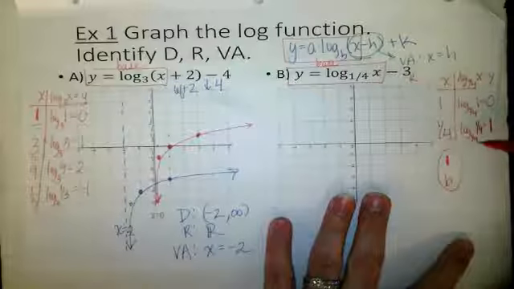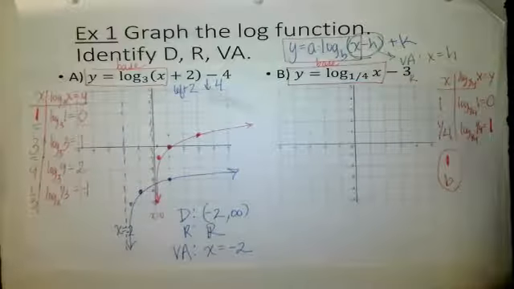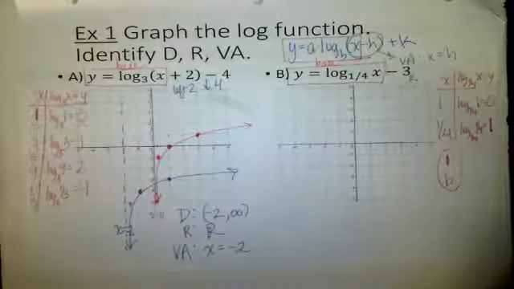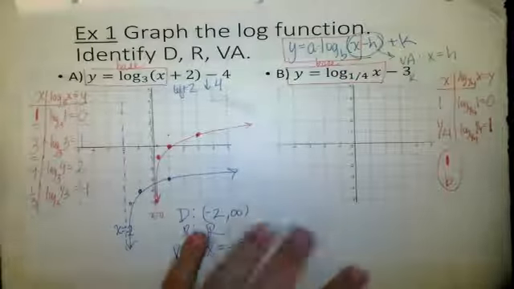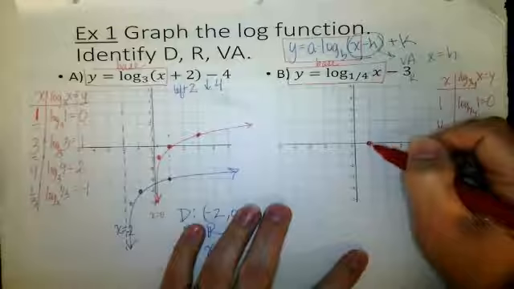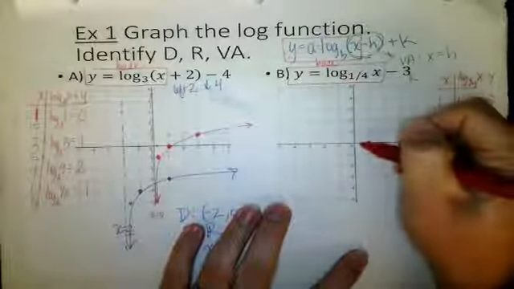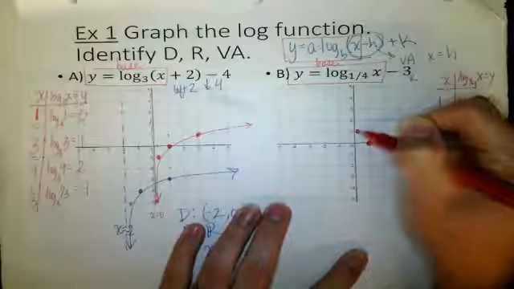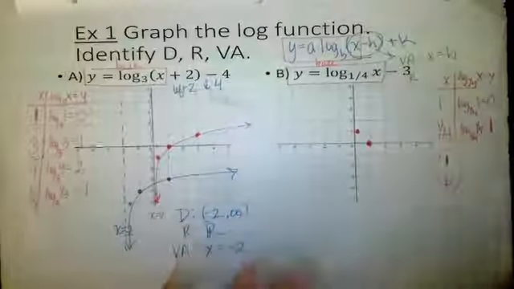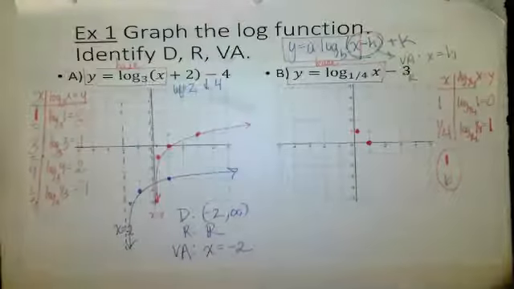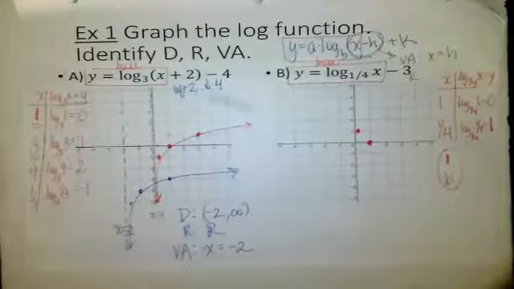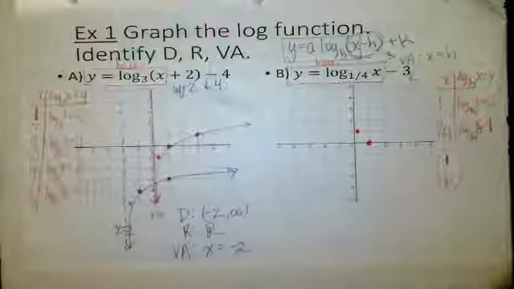Again, if you give it a swirly, 1/4 to the first power is 1/4. So these are two great values. We have the point (1, 0) and we have (1/4, 1). Oh, that's up. What do you think is going on with this function? Oh. It's going down.